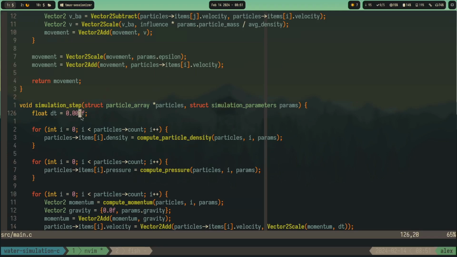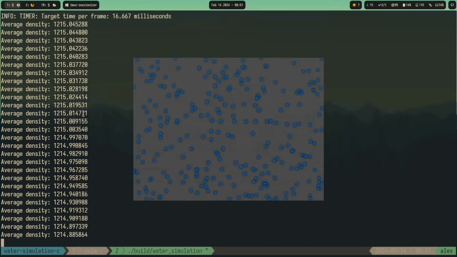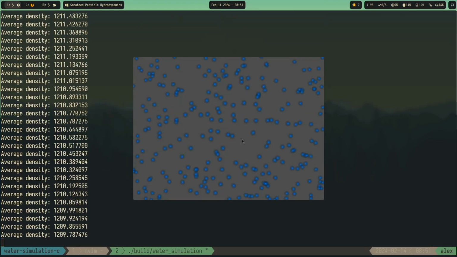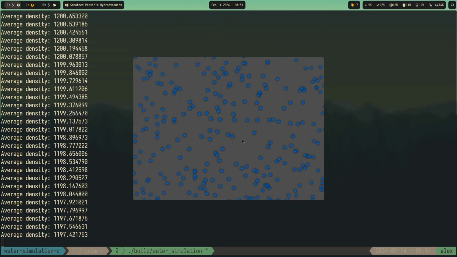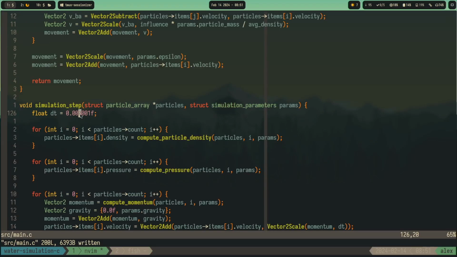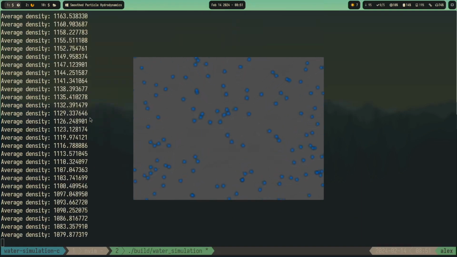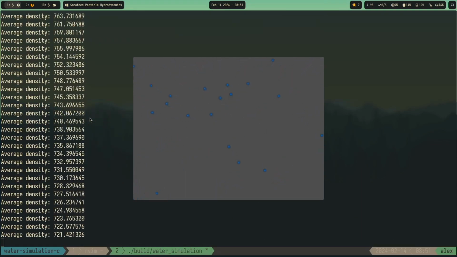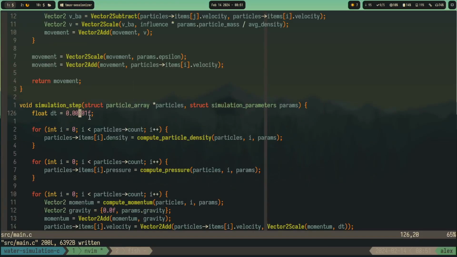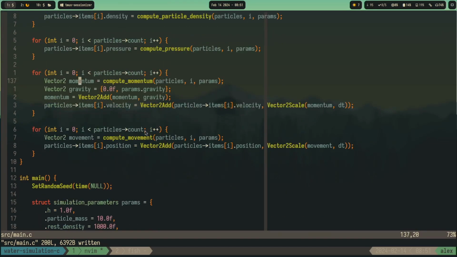Well, maybe we just have to do this really small number. I have a really small step here. Yeah, and if we have collisions, maybe that helps.